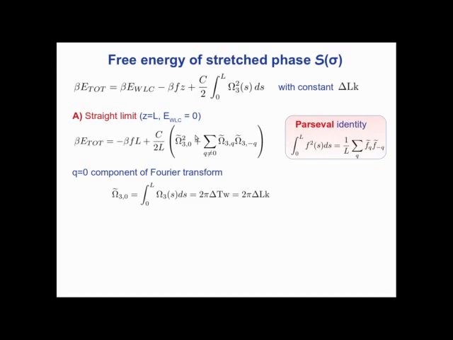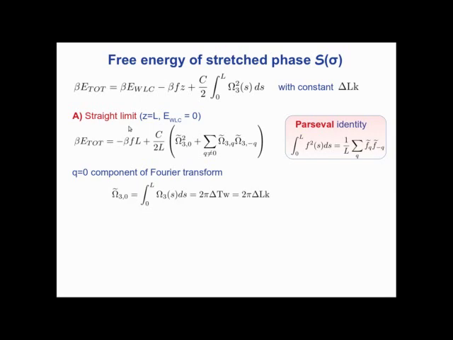And what is actually the omega tilde q equal to 0 component of this twist density? This zero component is nothing but 2 pi times the total twist, because if I had to calculate omega 3 for a given q, I would have an exponential of iqs here, but because I'm interested in the component q equal to 0, this is just the total twist multiplied by 2 pi.